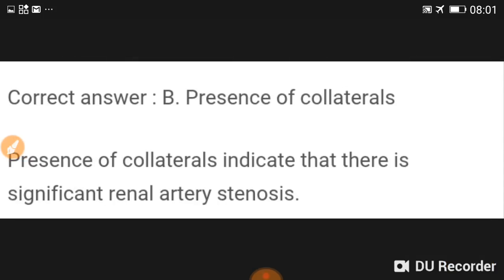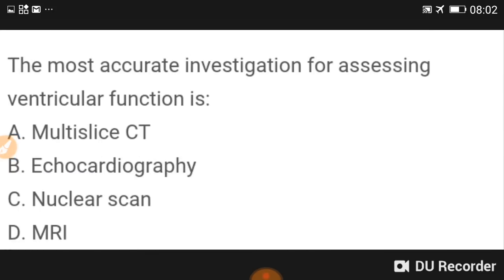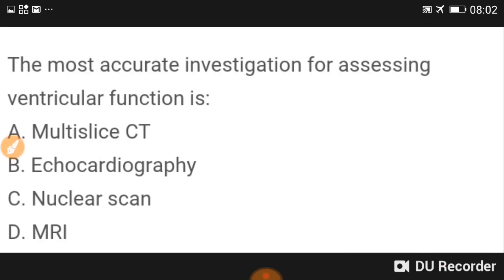Presence of collaterals indicates significant renal artery stenosis. The most accurate investigation for assessing ventricular function is 2D echo, echocardiography.